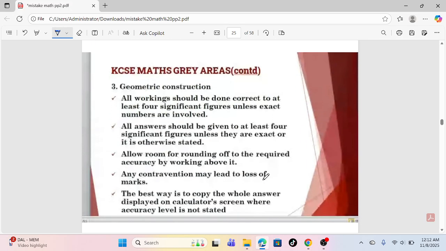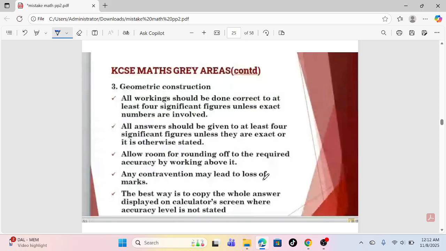So geometric construction, all working should be done correct to at least first significant figure unless exact numbers are involved. All answers should be given to at least first significant figure unless they are exact or otherwise stated. Kama KCSE, not even geometric construction, in all the working of mathematics KCSE, as long as the question is not restricting you, give your answer to 4 significant figures.